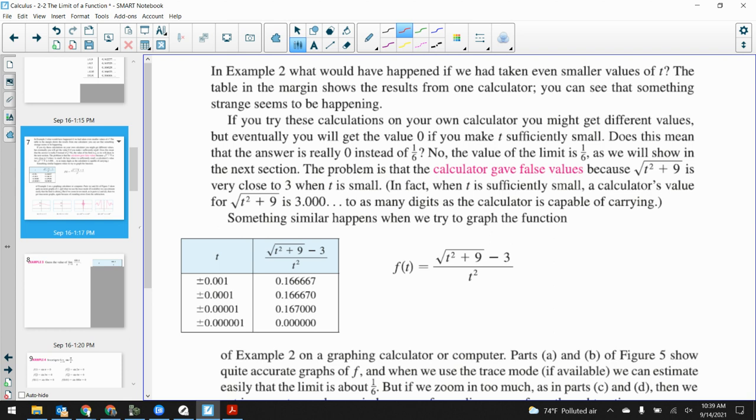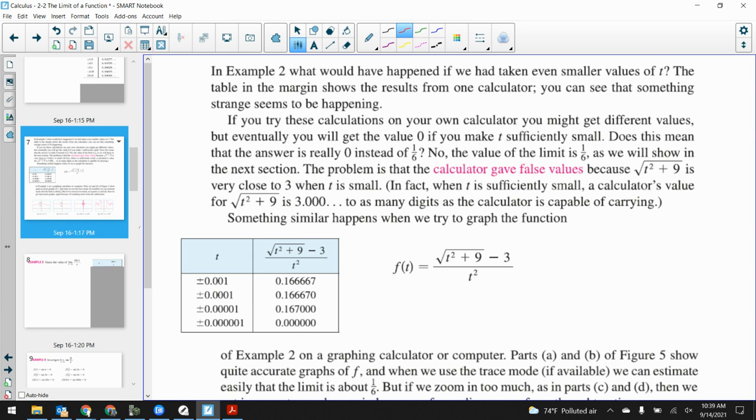Why is that the case? Well, your calculator only calculates so many digits. And what it's doing there is it's saying it got close enough to 3. It got close enough so that inside here went all the way to 0. That t squared plus 9 went all the way to 0. Like it actually became negligible. And when that happened, it made the whole thing go to 0 as well. Okay?